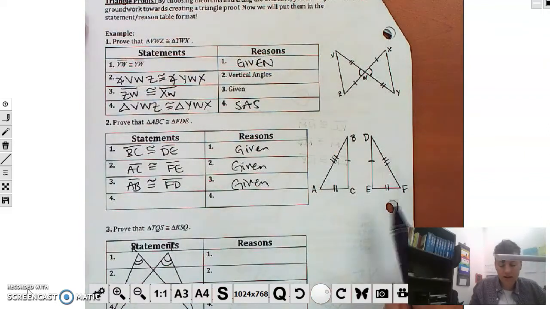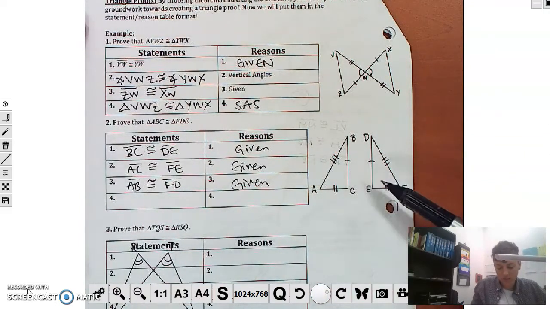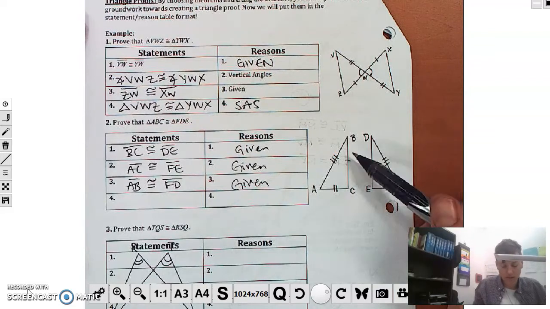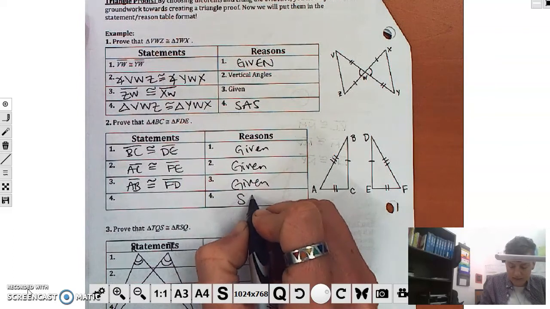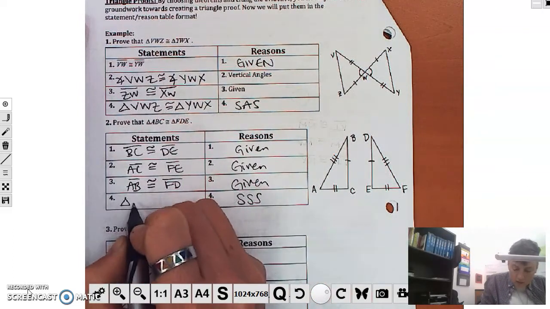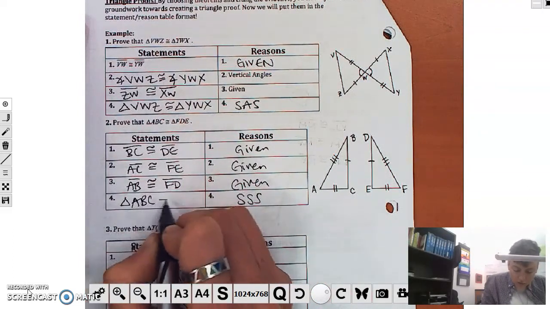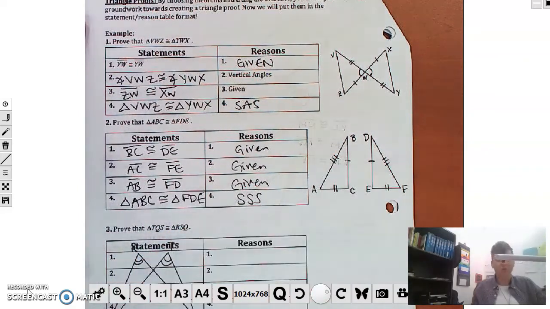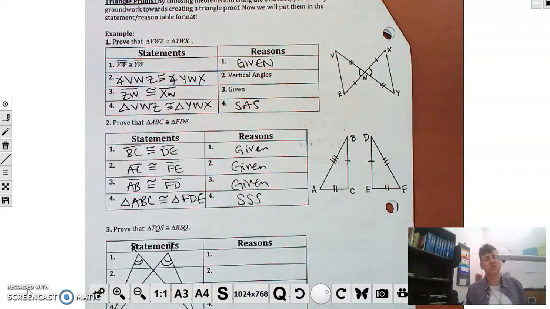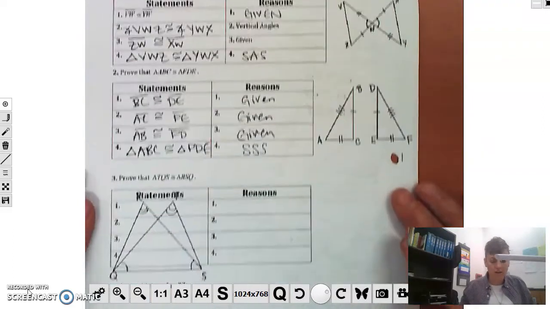I think that we have 3 pairs of 3 sides congruent. So that's going to be side, side, side. Triangle ABC congruent to triangle FDE. We're like so good at this. This is so good. All right.